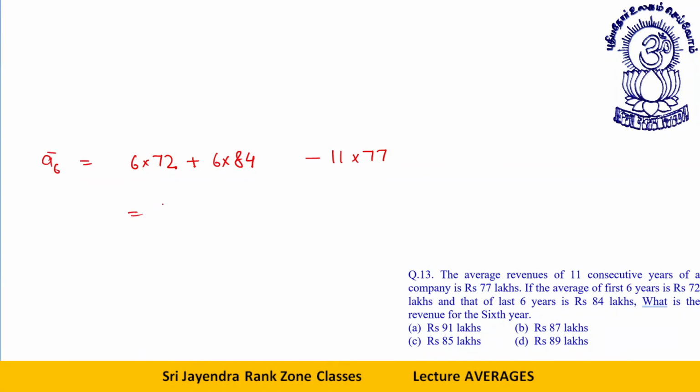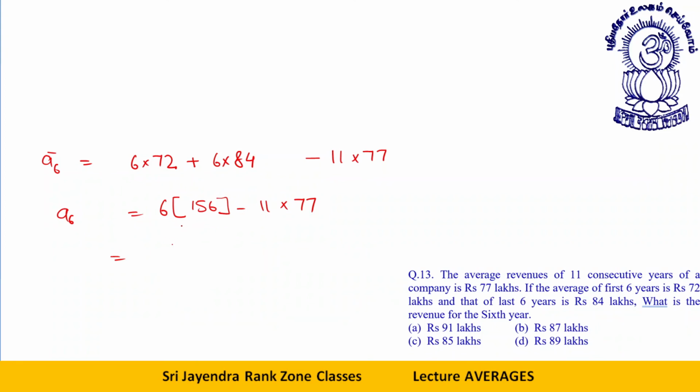Okay, so that will give me now 6 into 72 plus 84, 156 minus 11 into 77. Better way of solving this will be what? If I take 11 common, it will be 6 into, no, sorry, I can take a 7 common actually. No, not even 7 can be common.